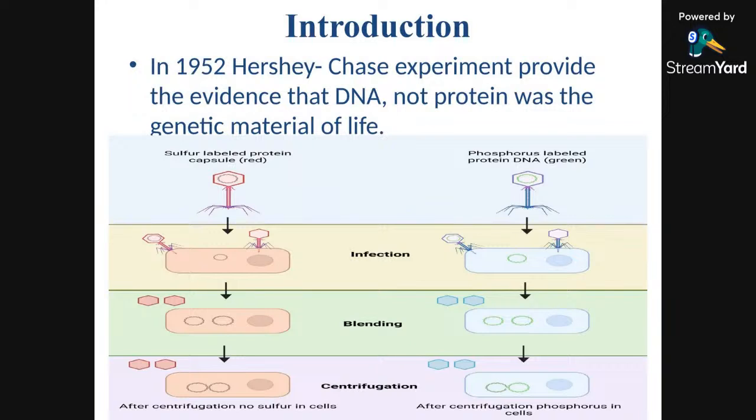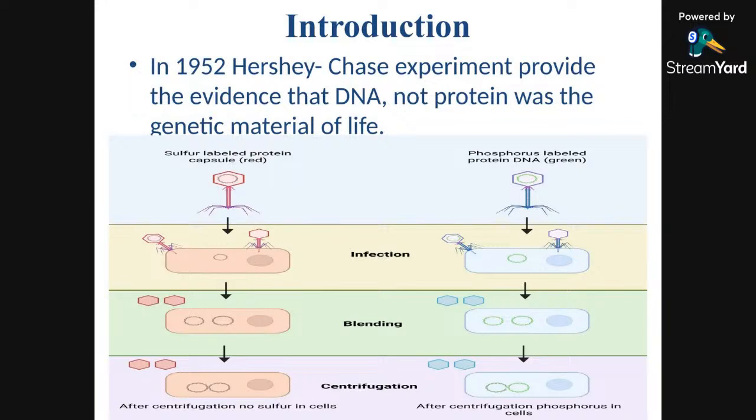In 1952, the work of Hershey and Chase, known as the Hershey-Chase experiment, provided evidence with the help of phages that DNA, not protein, was the genetic material of life. Hershey and Chase used T2 bacteriophages because bacteriophages are simple in structure, made up of only DNA and protein.